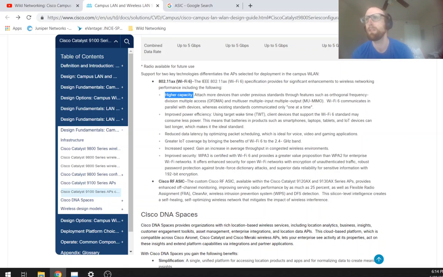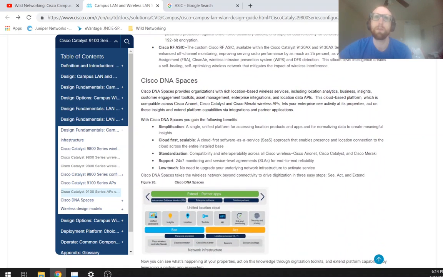This silicon level intelligence creates a self-healing, self-optimized wireless network that mitigates the impact of wireless interference.